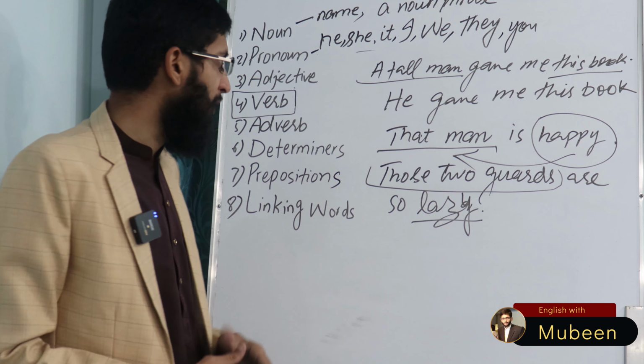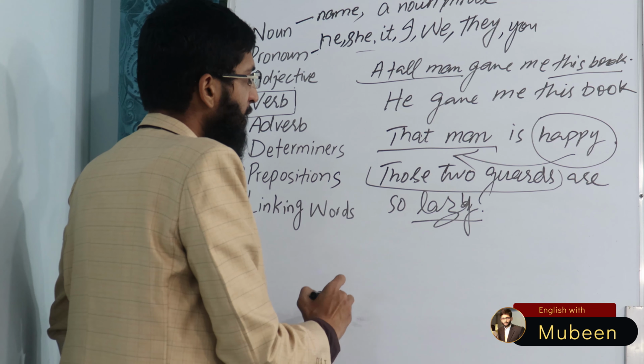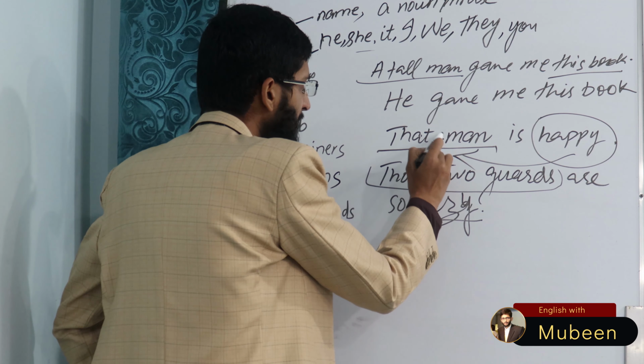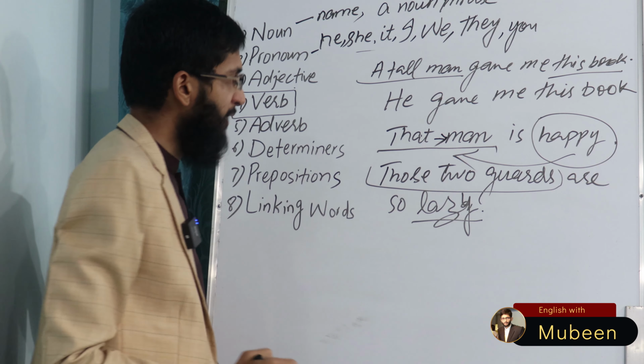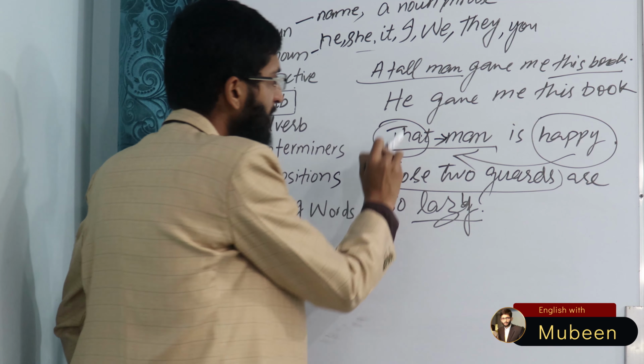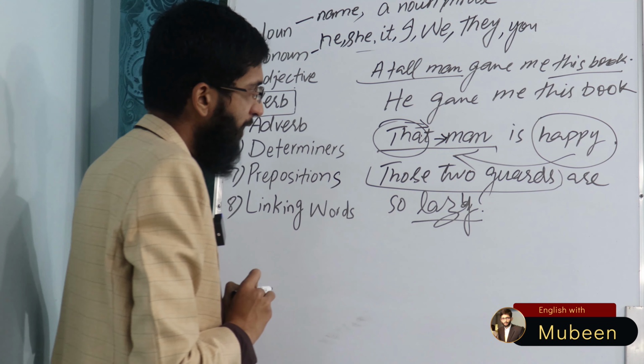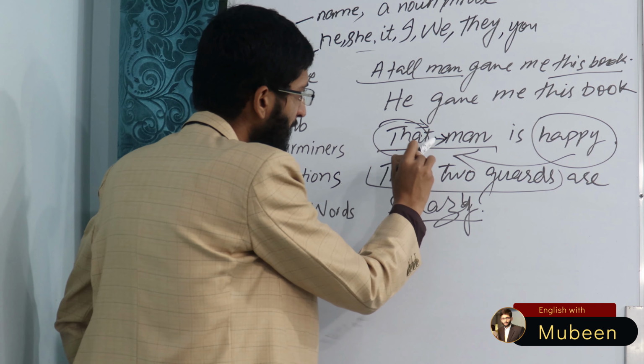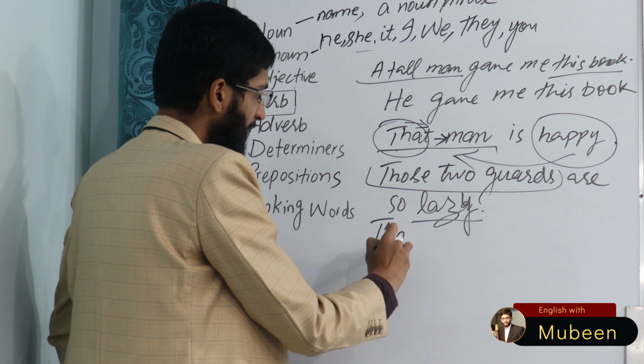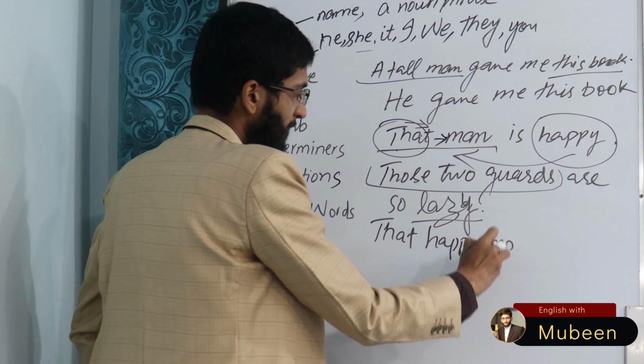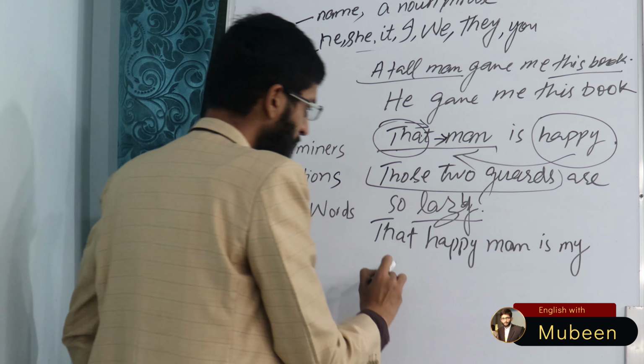to construct the language. You can also use an adjective right after the determiner. This is the determiner. It is indicating to the man, like, that happy man is my brother. That happy man is my younger brother.